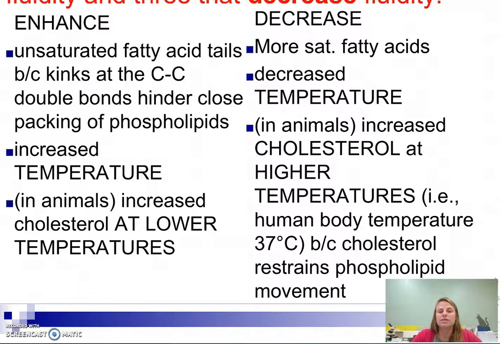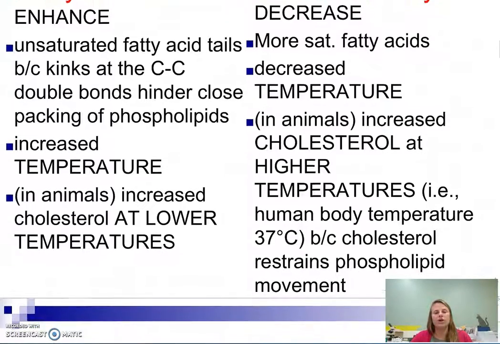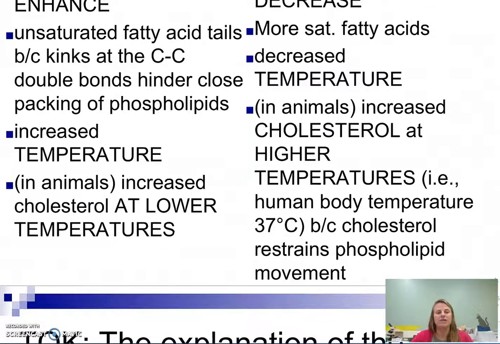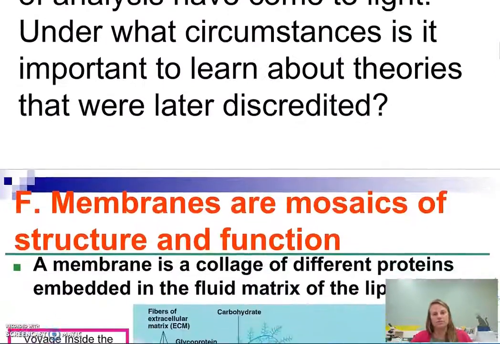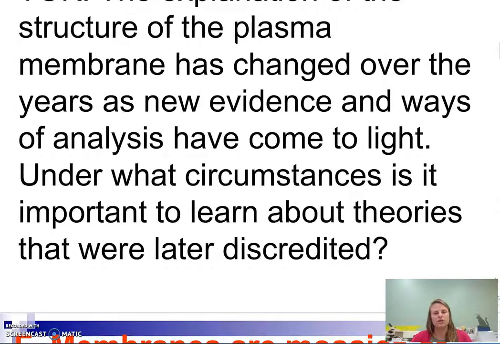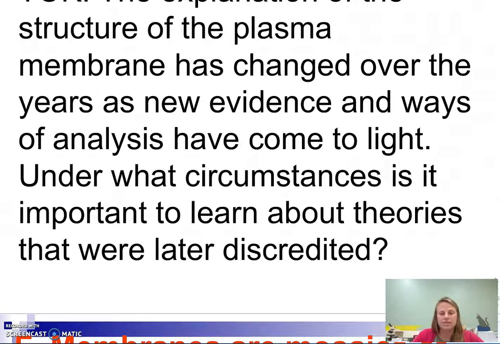I would decrease the temperature. And in animals, if I increase the cholesterol at higher temperatures, the cholesterol will actually restrain that phospholipid. So whether or not I have cholesterol really depends on the temperature that the plasma membrane is being exposed to. That's where I'm going to end it today.